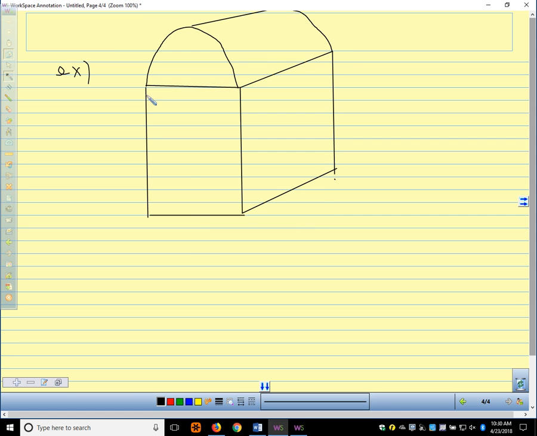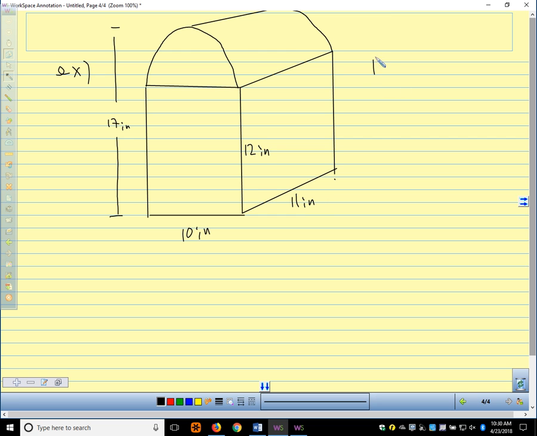All right, and we're going to say this is 17 inches. That's 10 inches. That's 12 inches. And that's 11 inches.